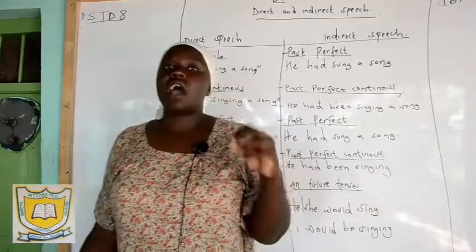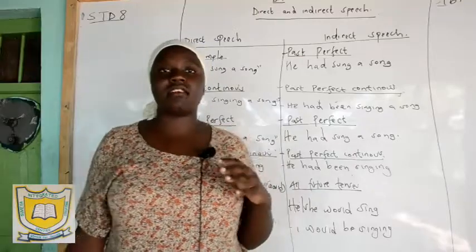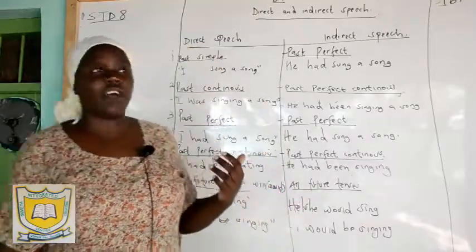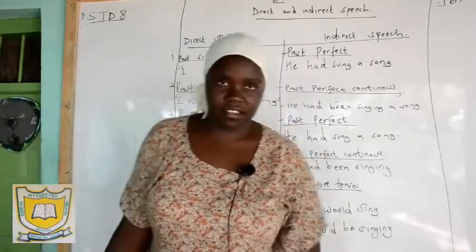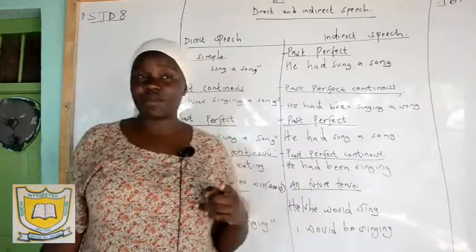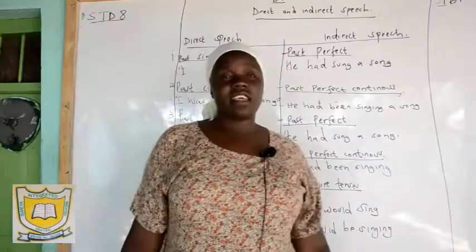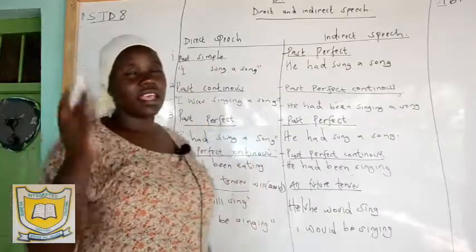I talked of how to punctuate a sentence in direct speech, because some questions are going to ask a learner to give a sentence that is correctly punctuated. I said after the opening speech marks, you always begin with a capital letter.